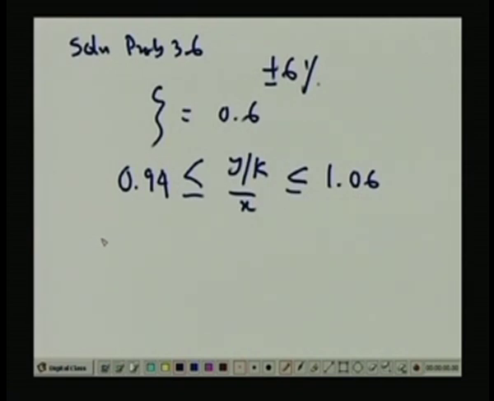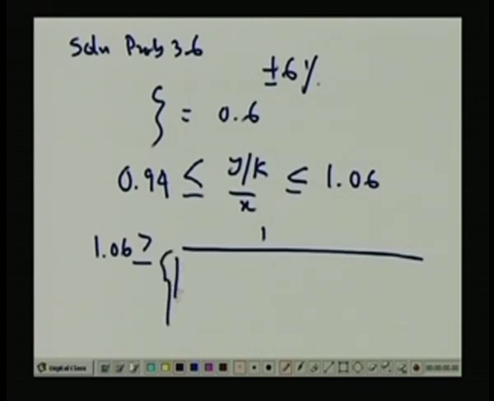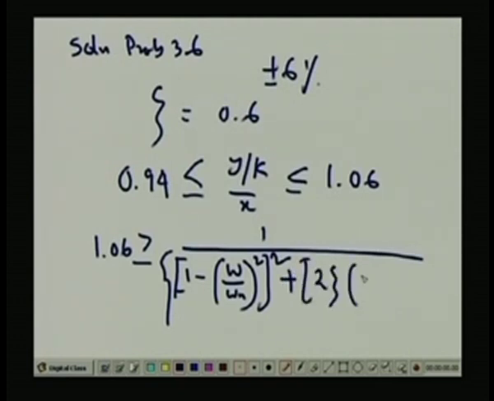So we have two equations for this. We know 1.06 is greater than or equal to 1 upon the square root of 1 minus omega by omega n whole square, plus 2 xi omega by omega n whole square.